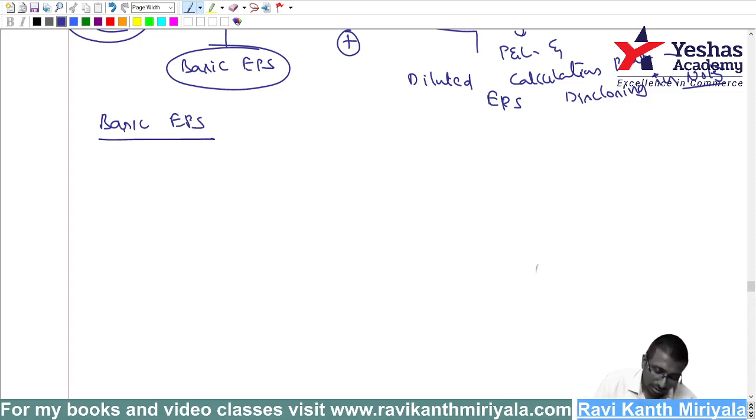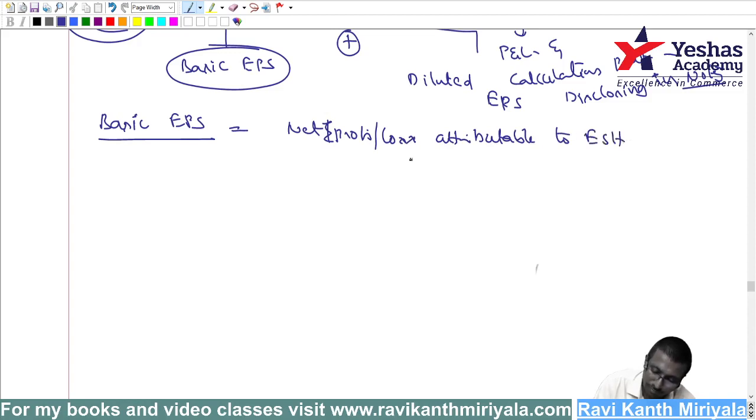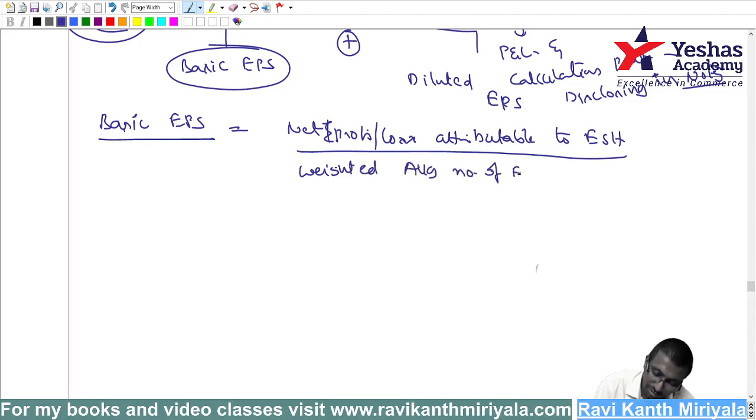Sir, in basic EPS, what is the formula? Very simple formula: net profit or loss attributable to equity shareholders divided by the weighted average number of equity shares outstanding during the period.